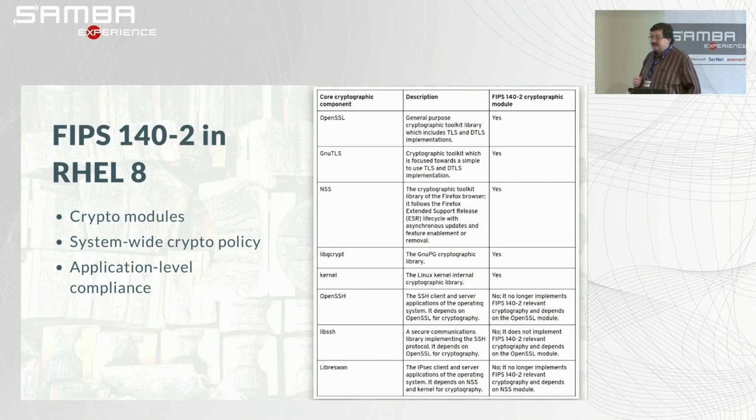And because in open source we value diversity in the tooling, there are many crypto libraries. If you're shipping a general operating system, you most likely have to provide most of them, because you have applications that use this or that library, and they all have to be certified.